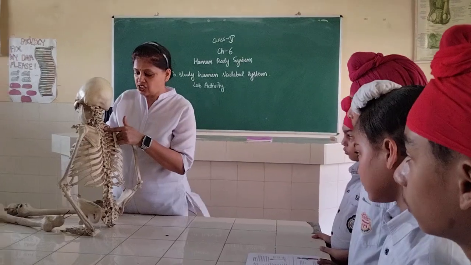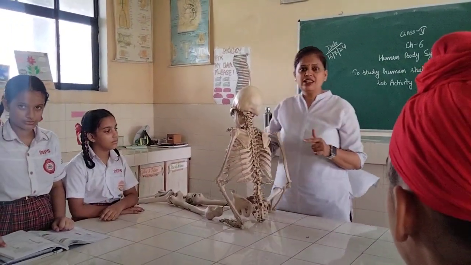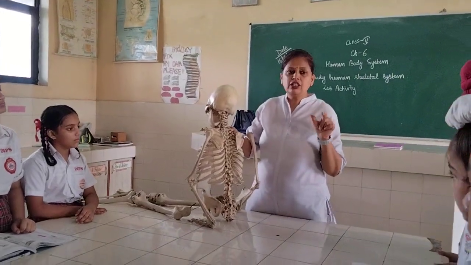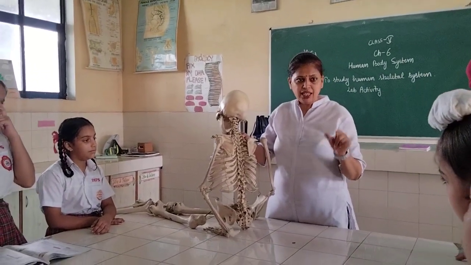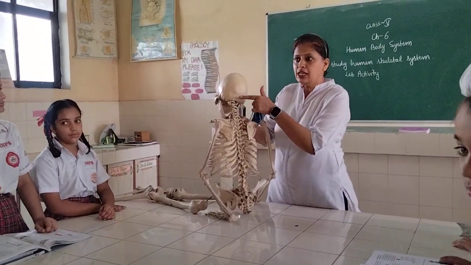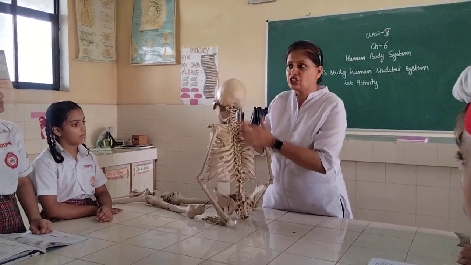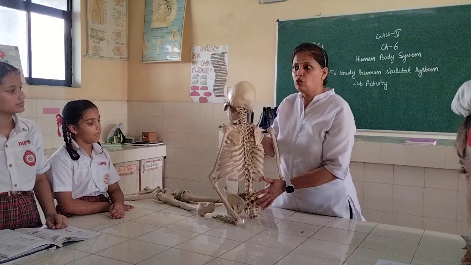That is called the spinal cord. The thread-like structure that you see here in the skeletal system is actually a bunch of nerves. This bundle of nerves passes from the brain through the vertebral column and carries messages from the brain to the whole lower body.